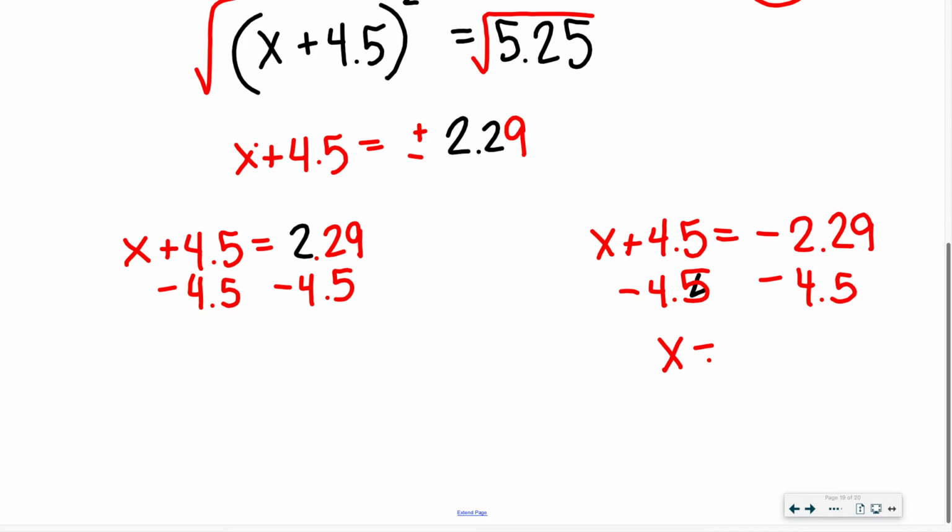So x would equal negative 2.21 and x would equal negative 6.79. Did I do that right? Yes, I did. So these would be our answers.